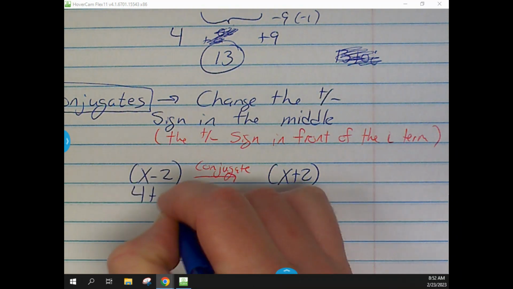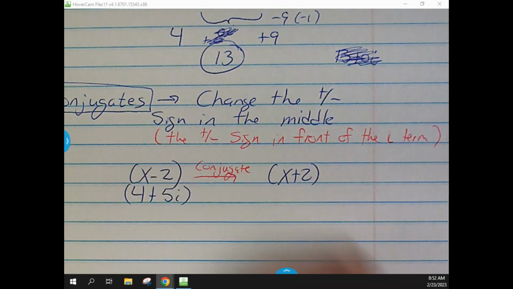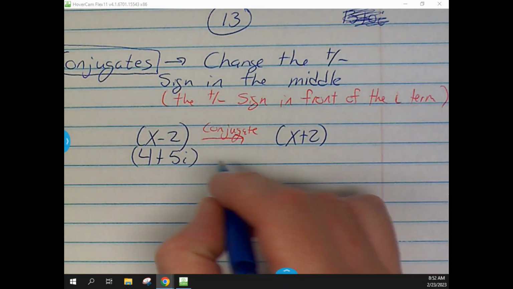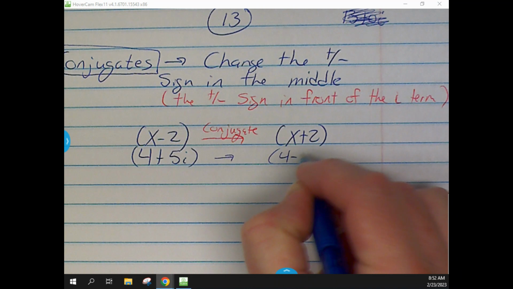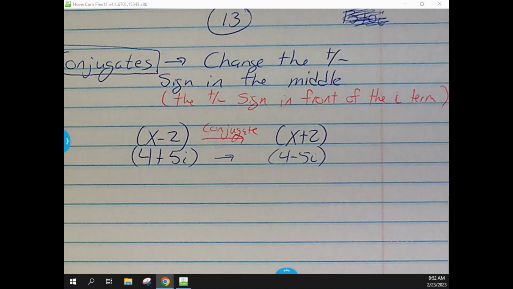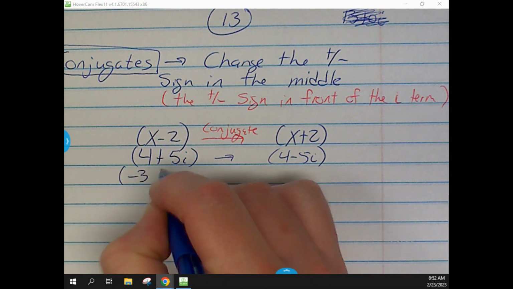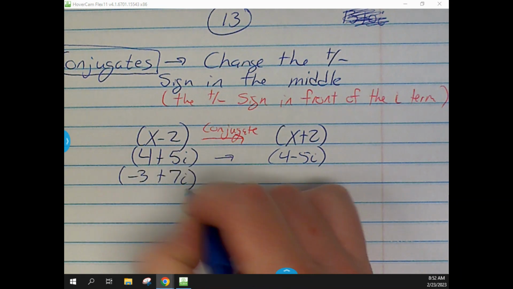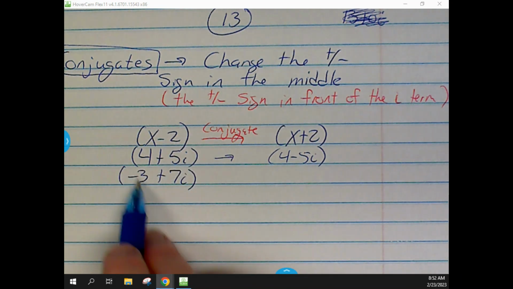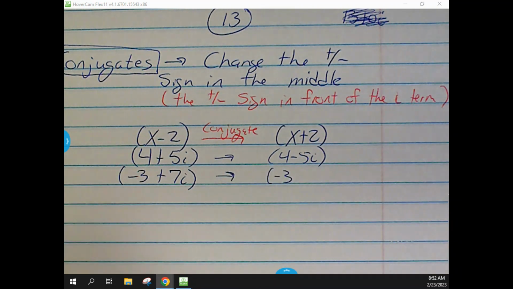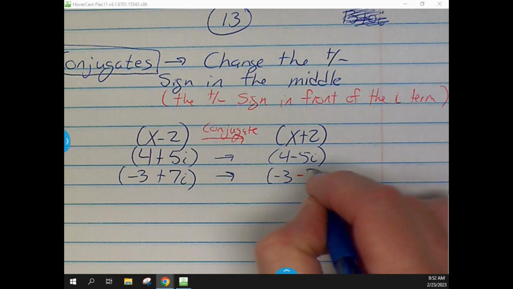If we're talking about imaginary numbers, if you had 4 plus 5i, then the conjugate of that would be 4 minus 5i. Sometimes people get confused on those because we'll have a number like negative 3 plus 7i, and then they'll try to change the sign of the first number. I'm like, no, it doesn't really matter what that first number is. You only change the sign of what's in the middle, or what's in front of the imaginary number part.